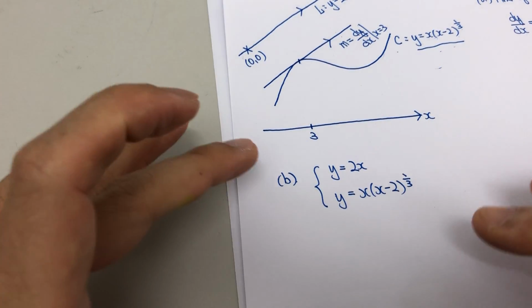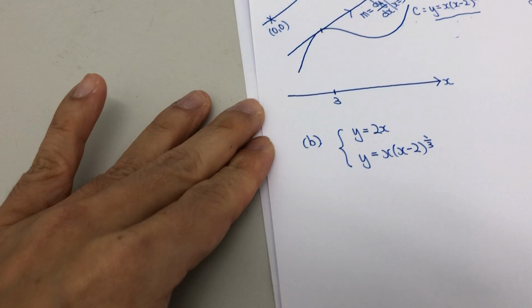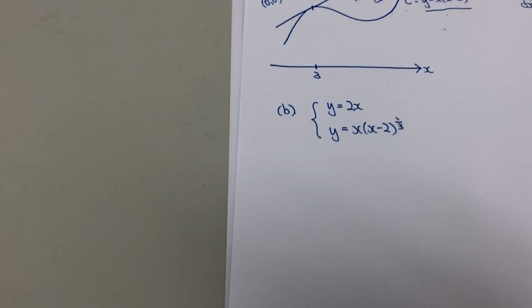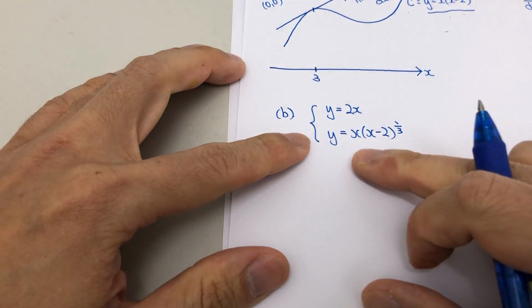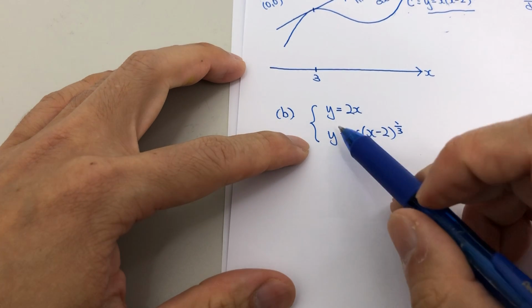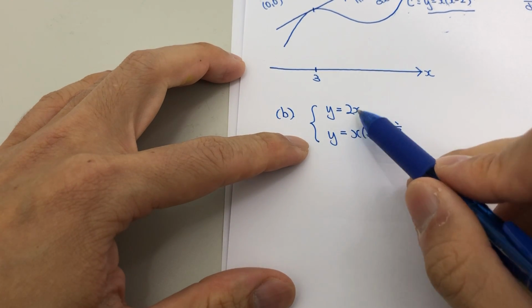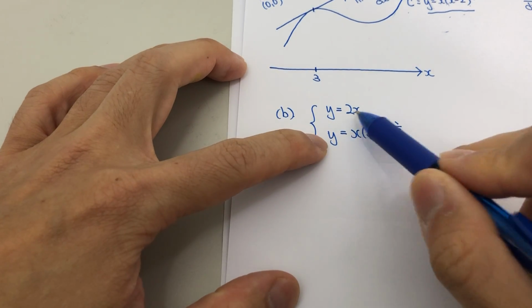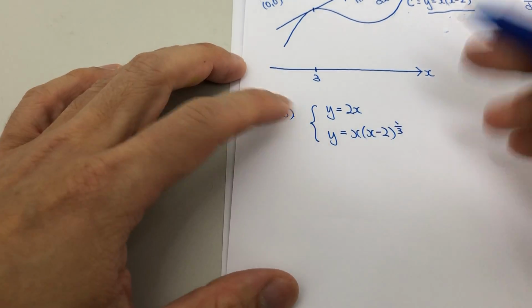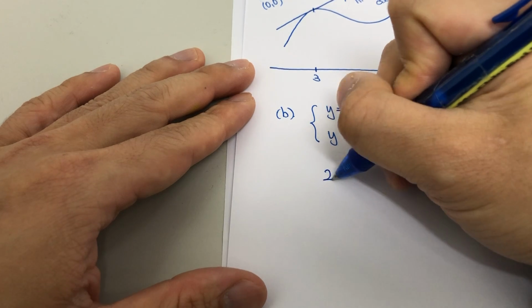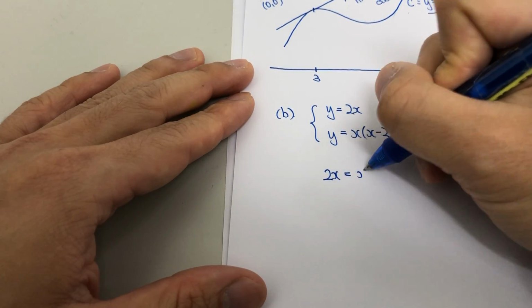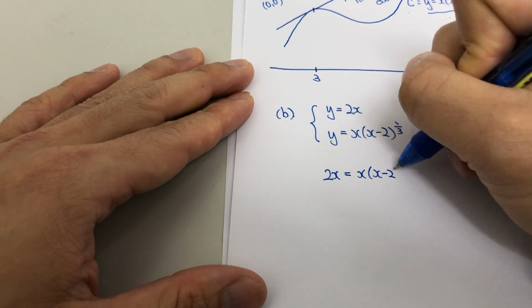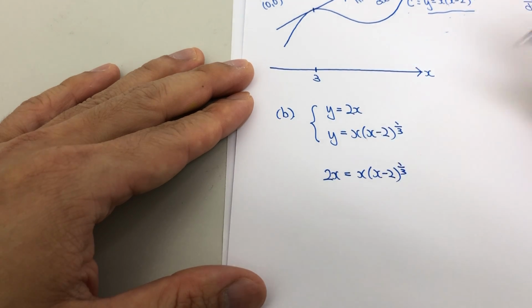We just need to combine them, then we could find if there are any intersection points. So, how to combine them? On one hand, we have y equal to 2x. On the other hand, y equals also this expression. So that means that these two things must be the same. So let's combine them. 2x equals x times (x minus 2) to the power of 1 over 3.